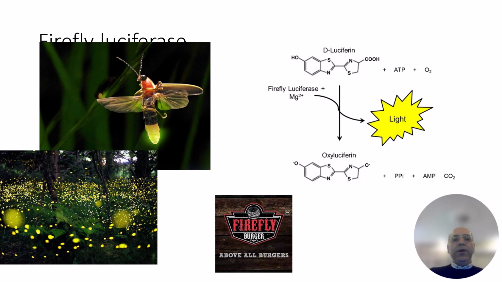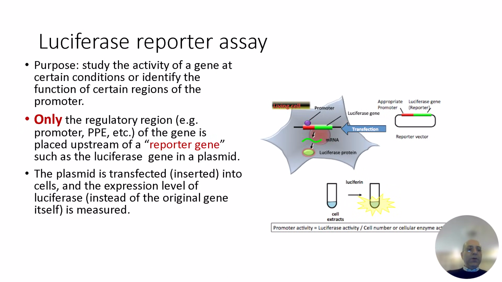So how can we take advantage of all these molecular tools? That's what we do. We create recombinant DNA using these plasmids. So we have a bacterial plasmid, and we take the fruit fly luciferase gene and we add a promoter that we want to study. So we're not using the original promoter of the luciferase gene.